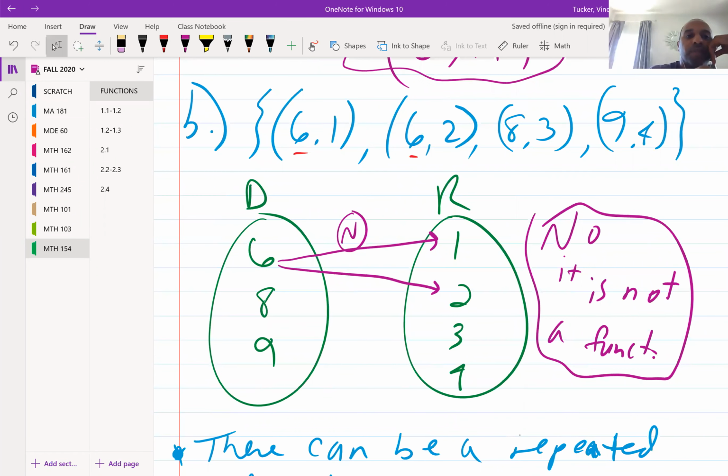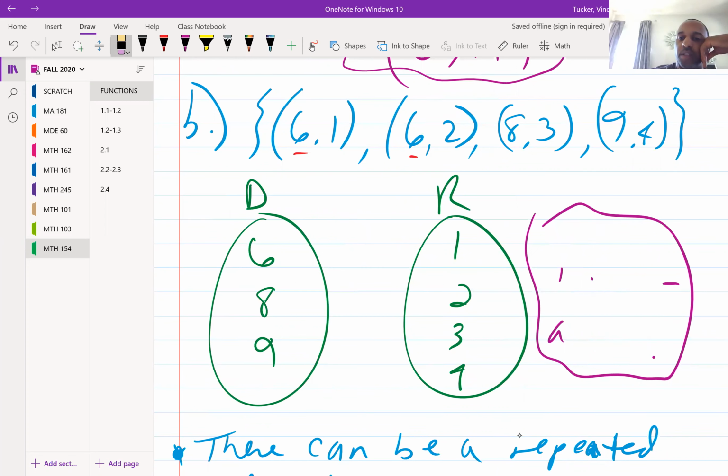All right. So here, like I said, let's walk through it. So we have (6, 1), (2, 1), (8, 3), (9, 4). So 6, 8, 9 is in our domain. 1, 2, 3, 4 is in the range. Once again, we're going to start off with each individual domain element.